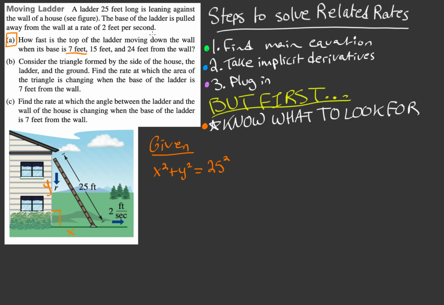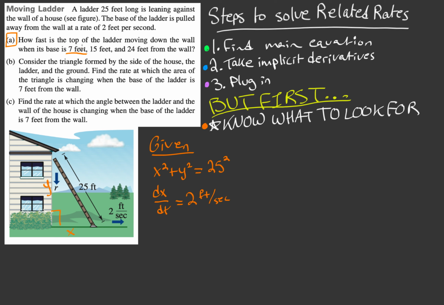The other thing we learn is that the base of the ladder is pulled away from the wall at a rate of 2 feet per second. So if x is changing at 2 feet per second, that means dx/dt, the change of x over time, is 2 feet per second.